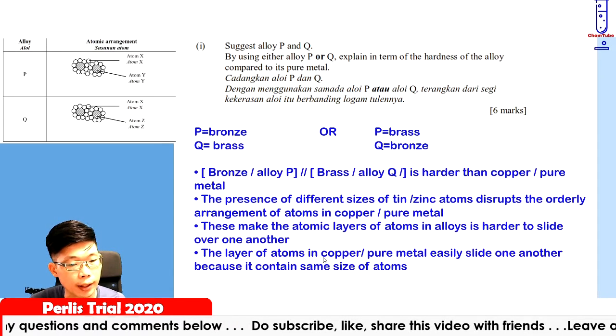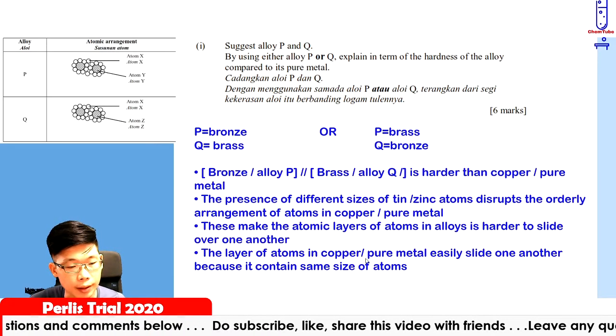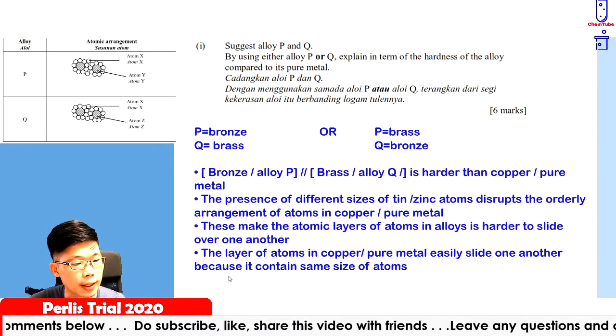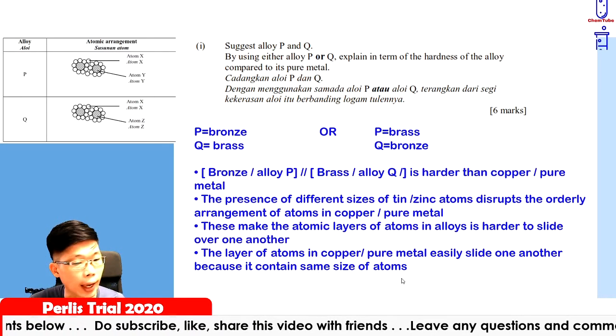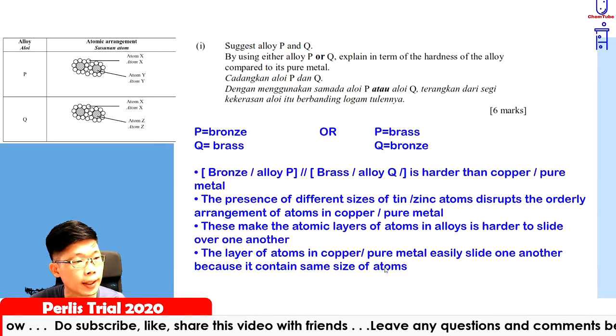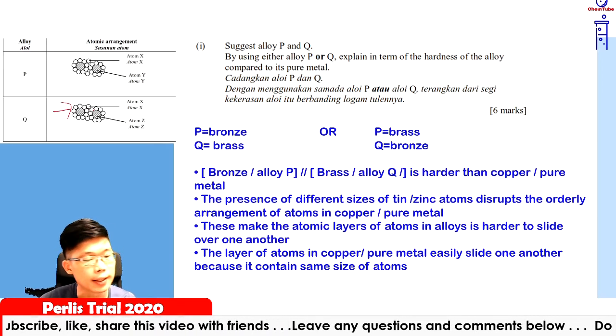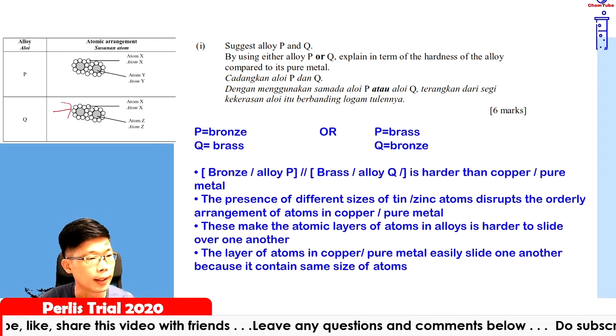The layers of atoms in pure metals, like copper, easily slide over one another because they have the same size of atoms.